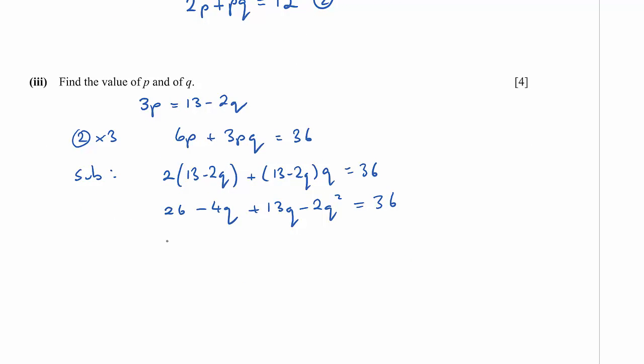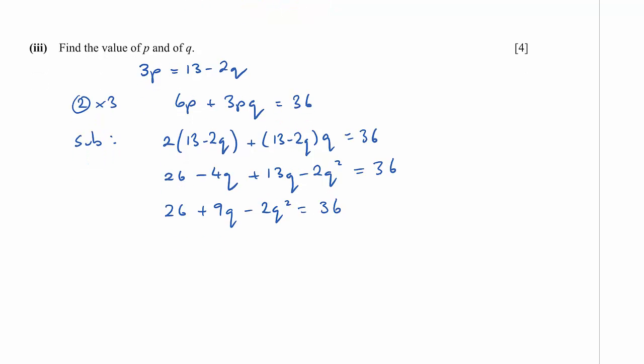So a bit of tidying. 26 plus 9q minus 2q squared equals 36. Let's take everything over to this side so that the q squared is positive. 2q squared minus 9q plus 10 is equal to 0.